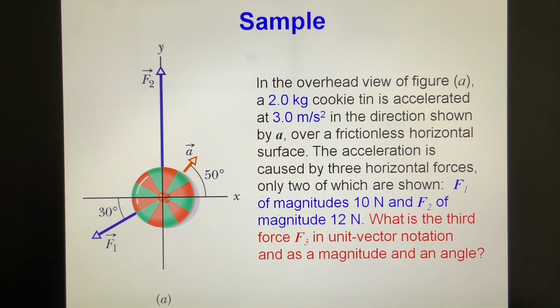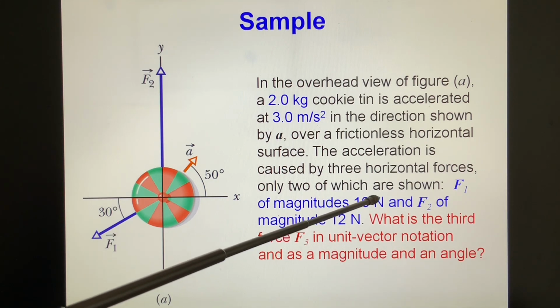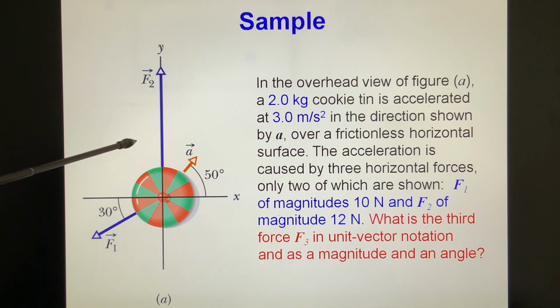You have three forces. F1, this one, at 30 degrees, and F2, along the y direction. F1 has magnitude 10 Newton and F2 has magnitude 12 Newton. What is the third force, F3, in unit vector notation and as a magnitude and an angle?